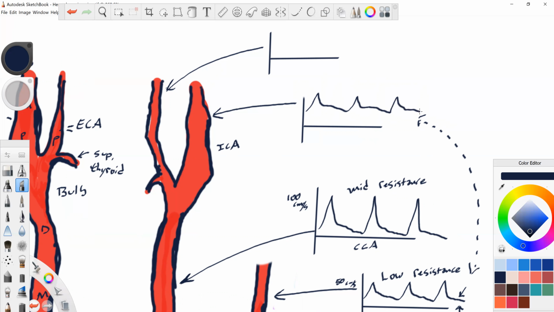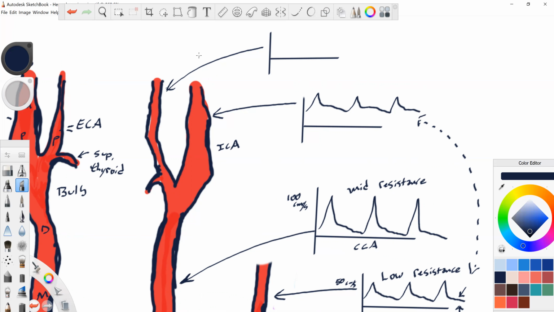I made that really low resistance, but that's good. That means this person is alive and thinking. Incidentally, brain dead people have very different ICA flows, but let's not get into that.